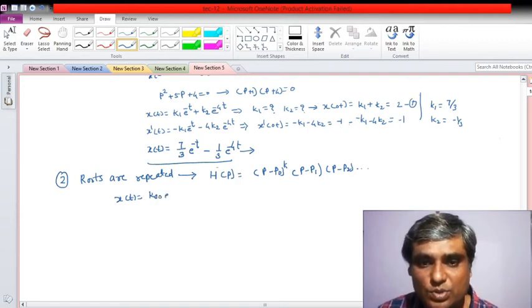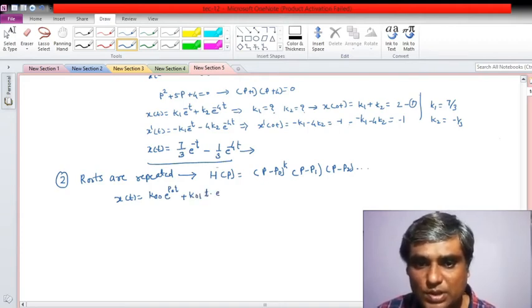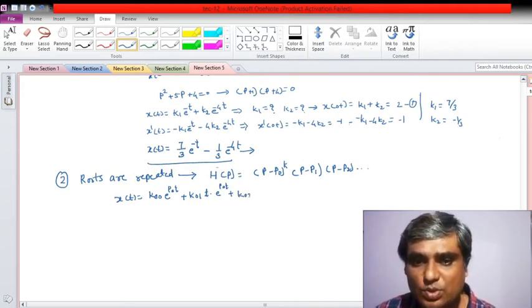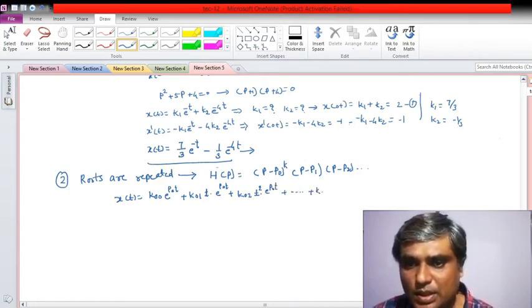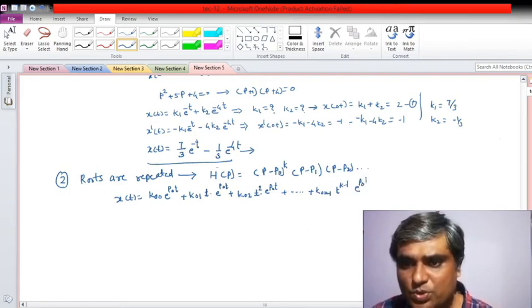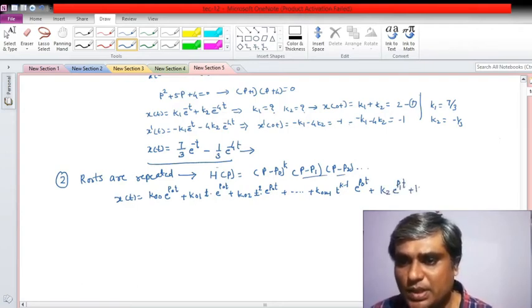The solution for this x(t) will be k00 e raised to p0 t. Then the second constant k01 into t e raised to p0 t, plus k02 t square e raised to p0 t, and like this up to k0(k minus 1) t raised to k minus 1 e raised to p0 t, plus the other distinct ones, let's say k2 e raised to p1 t plus k3 e raised to p2 t.